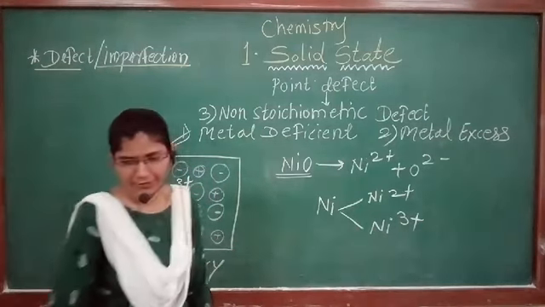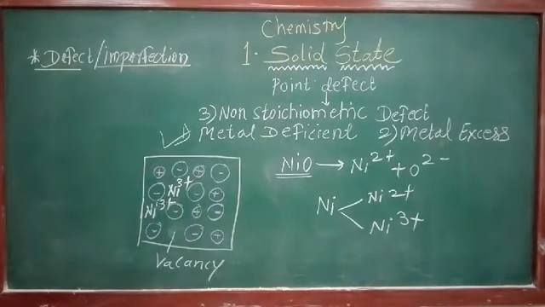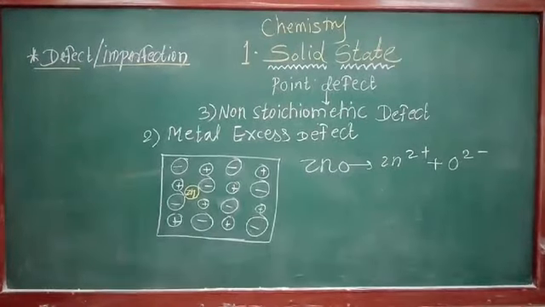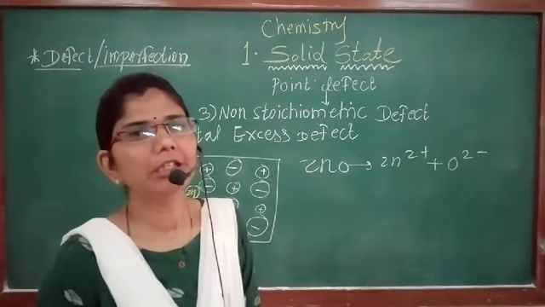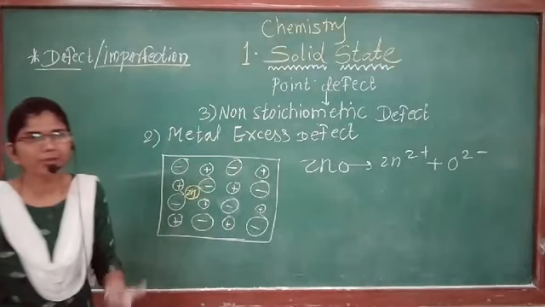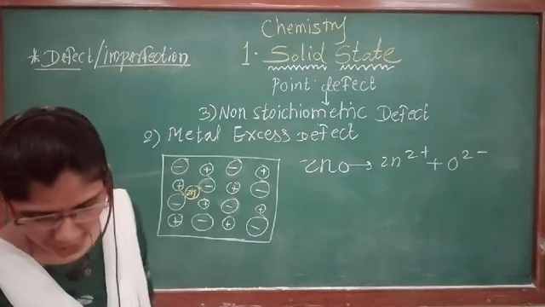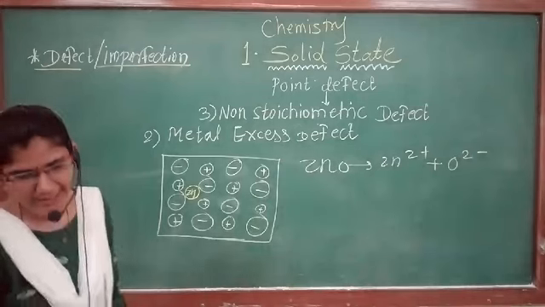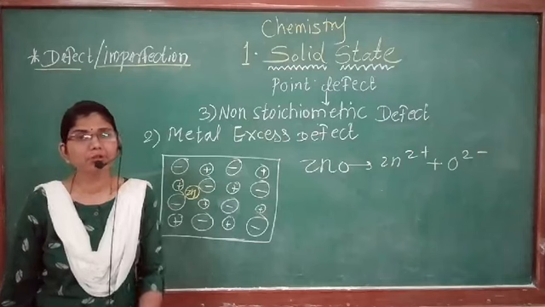The second type of non-stoichiometric defect is the metal excess defect. The metal excess defect is of two types. In the first type, a neutral metal atom or an extra positive ion occupies the interstitial position, but this can happen in two ways.